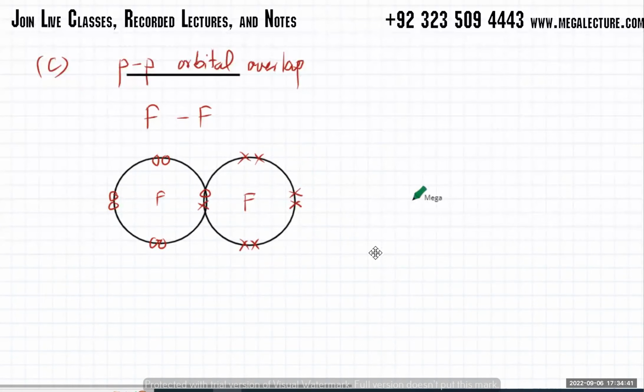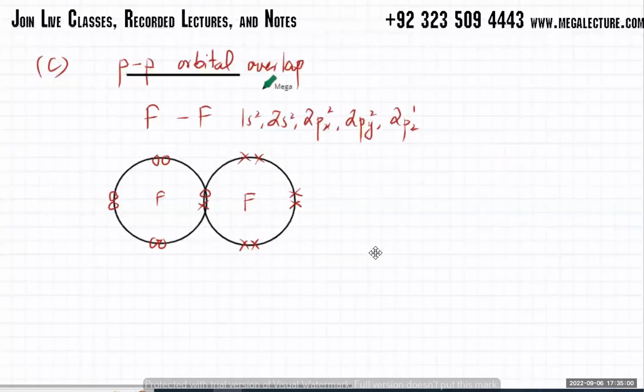Both of them have exactly the same electronic configuration with 2p5, which is 2px2, 2py2, and 2pz1. So the electron is needed in 2pz, okay? That's where it needs electrons.